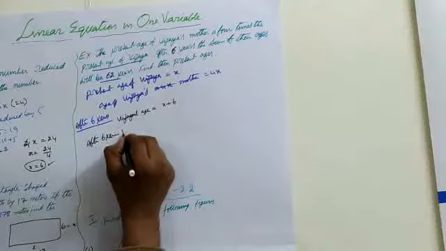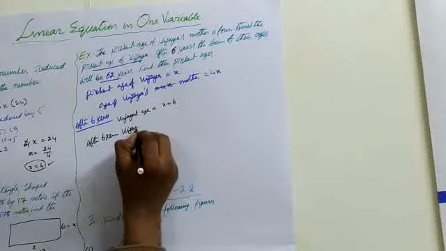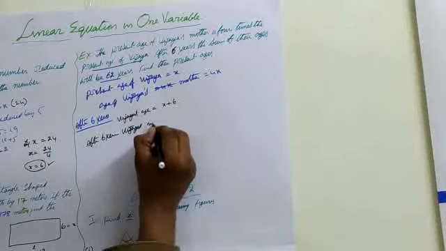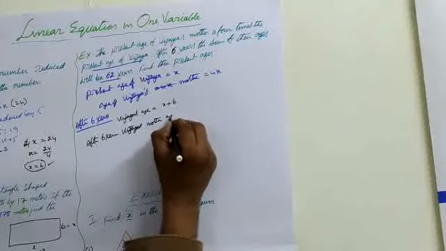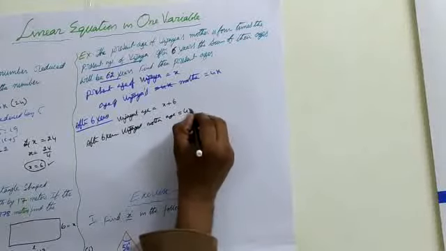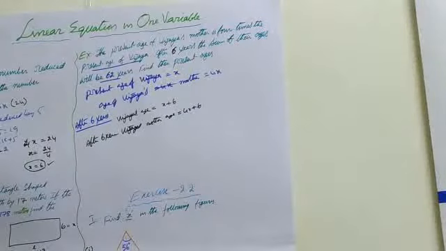After 6 years, Vijaya's mother's age is 4x plus 6.